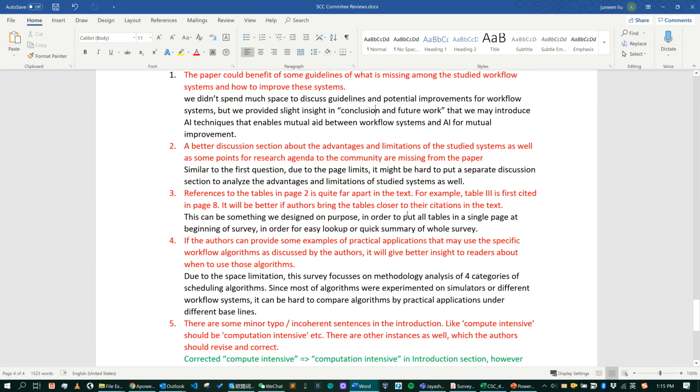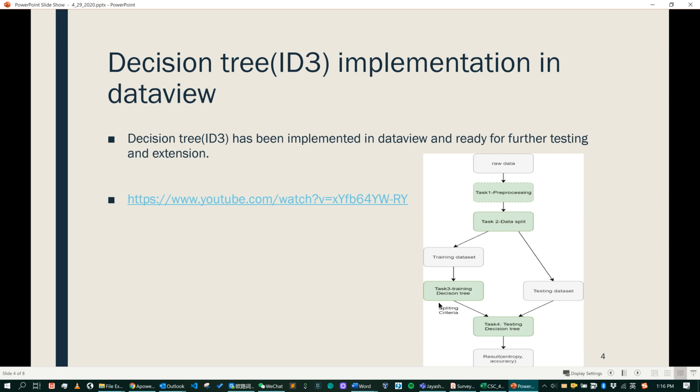The next item is the decision tree implementation. I mentioned that in the past week, we finished this implementation, and it is working fine in the DataView to output criteria. For example, this task is able to successfully output the criteria of the learning tree, and then take the testing data to output a final classification based on the testing dataset.